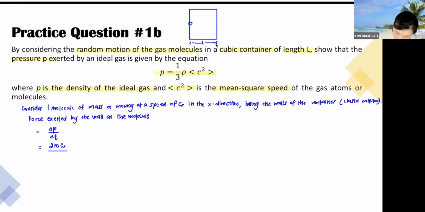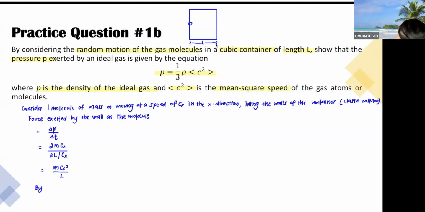Understand? So therefore, the distance traveled will be 2L. And since the speed is cx, dividing it with the speed will give me the time. So then the force exerted by this one molecule will be equal to this. And that is the same amount of force that the wall exerts on the molecule.